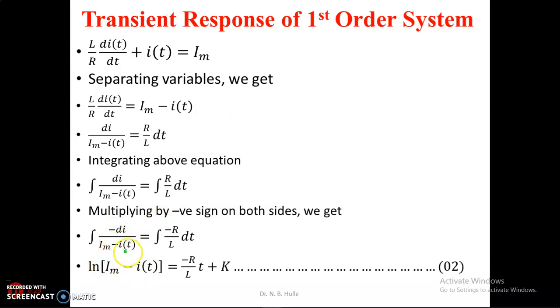That's why log of the denominator will be its integration, and integration of this term R by L is a constant, that is minus R by L, and integration of this particular term is t plus some constant of integration. And here we will find out the value of this integration constant from the initial condition of the network, and we will name this equation as equation number 2.